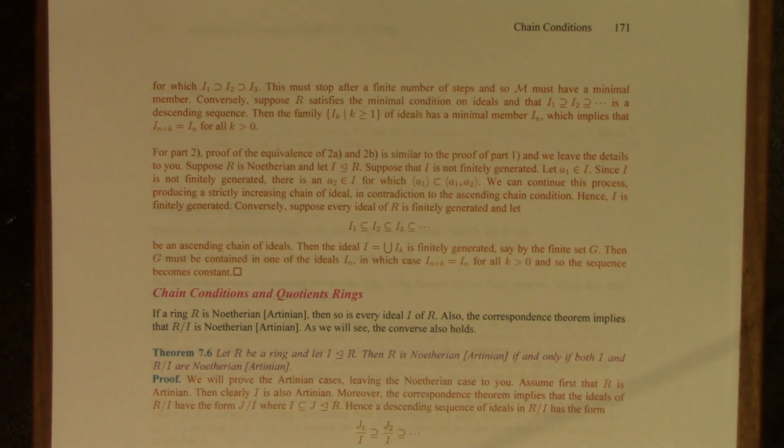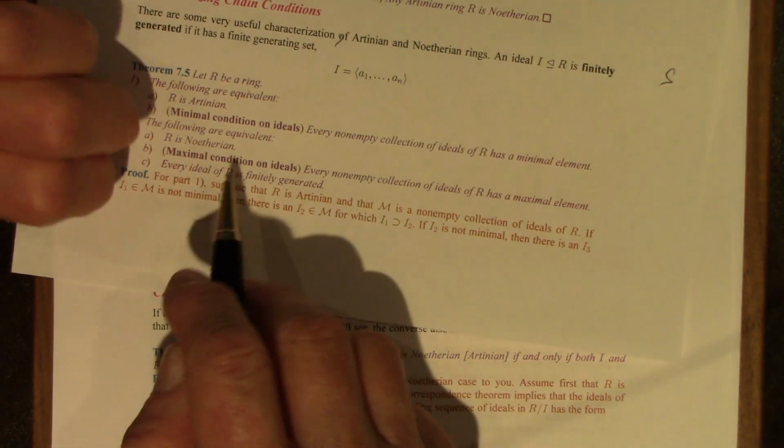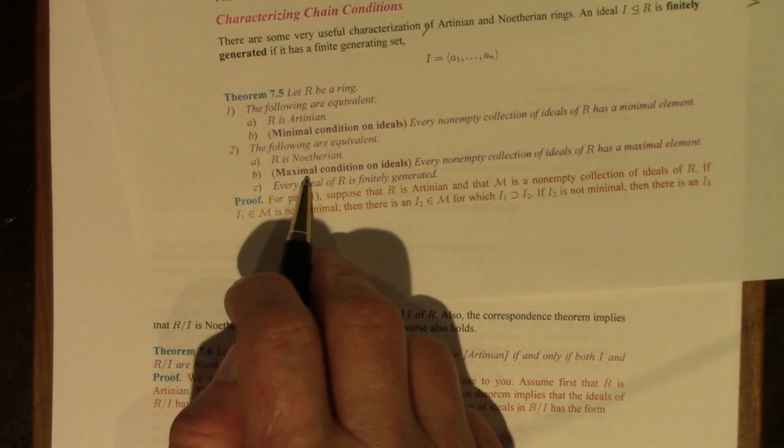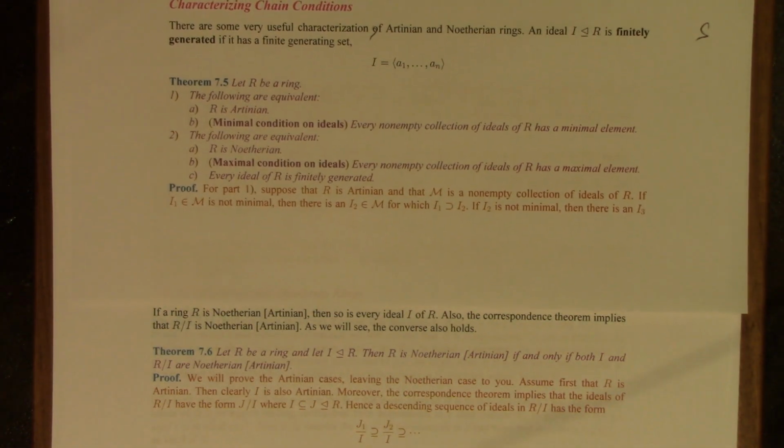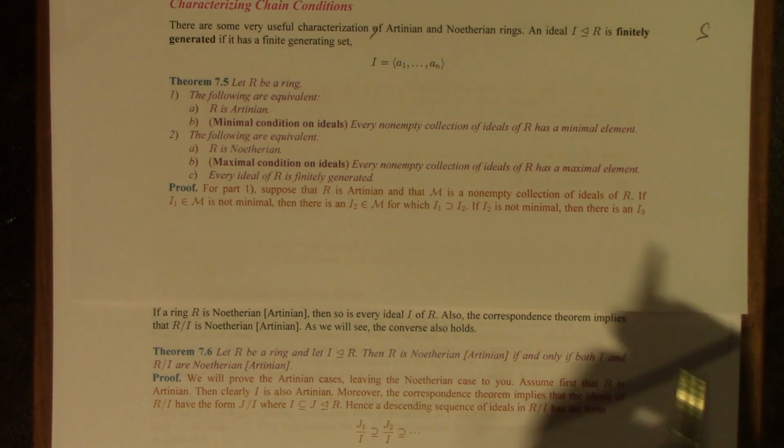As to part 2, the equivalence of being Noetherian and having the maximal condition on ideals, the proof of that is very similar to the proof I just gave, so I'll let you deal with that.